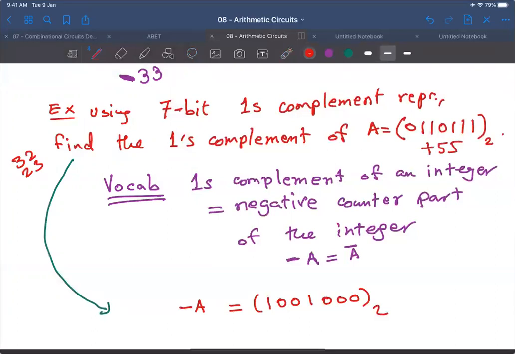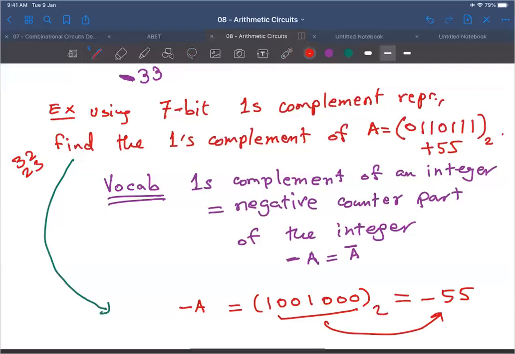So we must infer from this that negative A in decimal is minus 55. So this one here is minus 55 in one's complement.